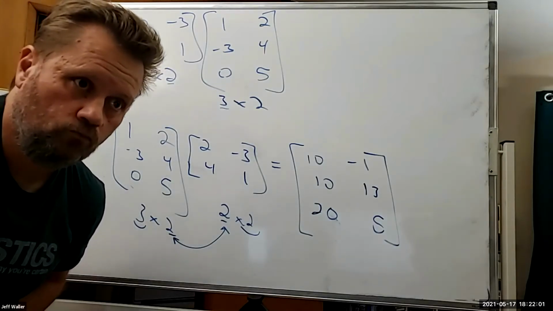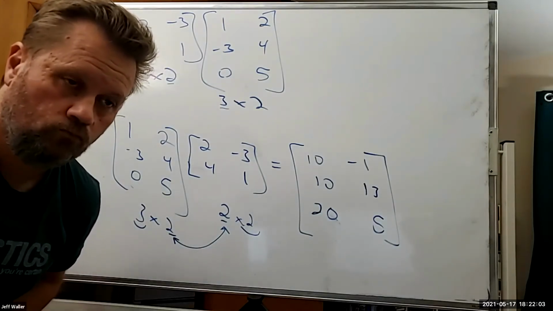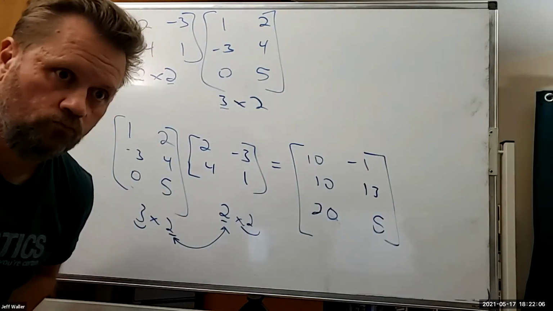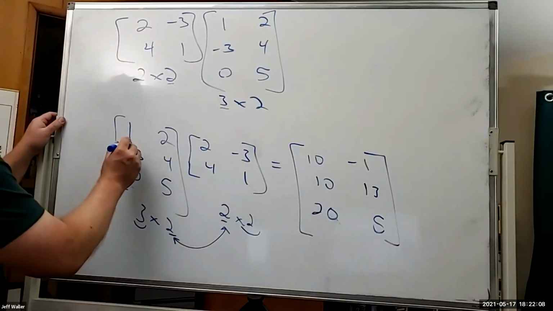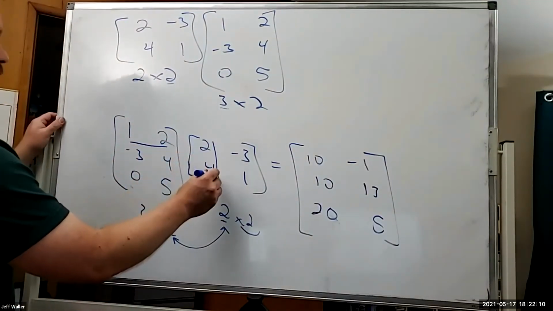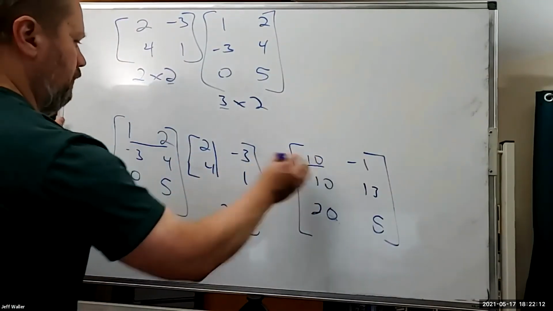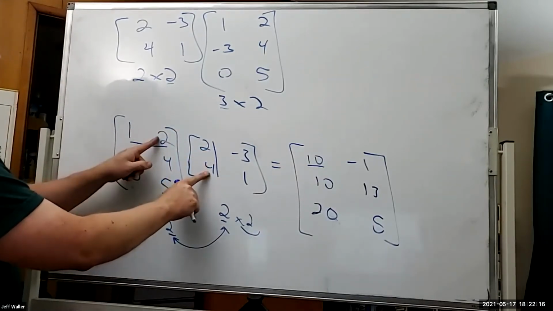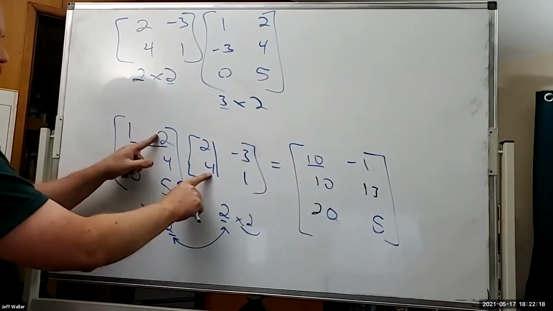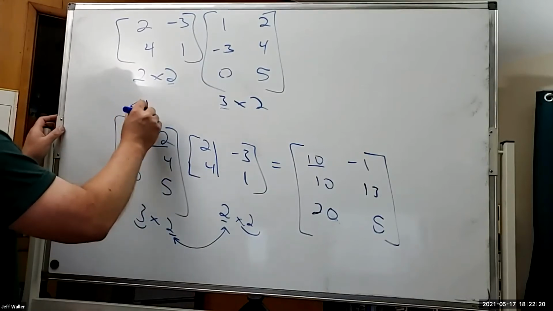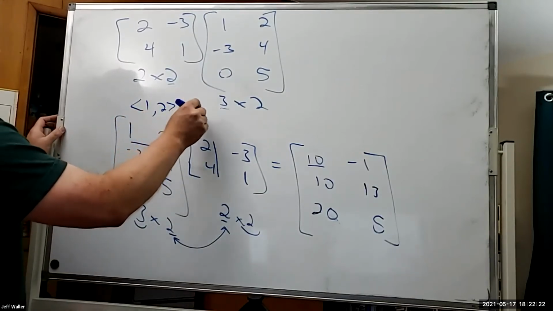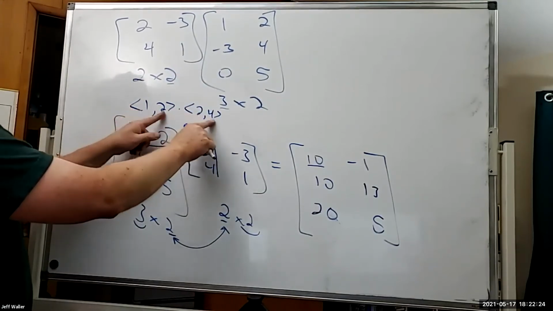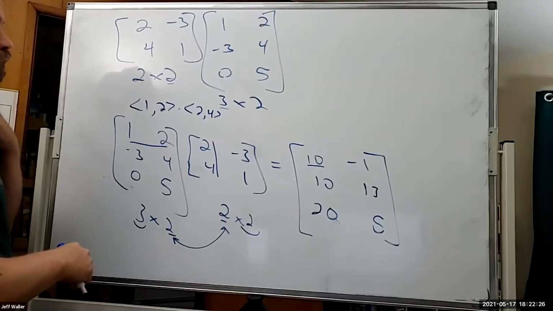Can you point one more time to show how you multiplied? I was writing and not looking at the same time. So this times this is going to be the first row, first column. 2 plus 8. Do you see that? It's exactly the same as a dot product. Okay, but you don't touch the 3 and the 5 into the bottom, or the 0 and the 5 into the bottom.